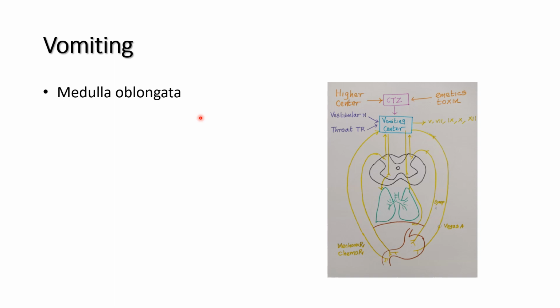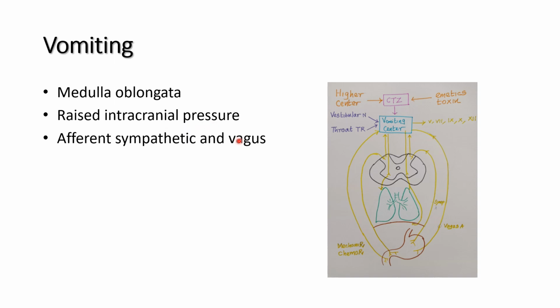This is stimulated directly by raised intracranial pressure, which affects the medulla oblongata and stimulates vomiting. It also receives afferents from the sympathetic and vagus nerves from the stomach and intestine.